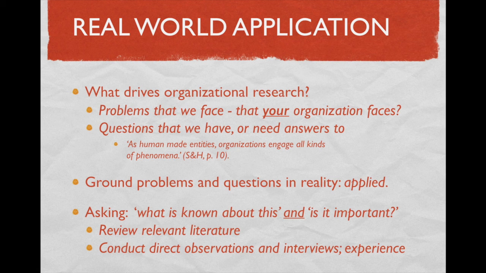We must, however, ground our problems and questions in reality. It must be applied. And we have to think of it around this particular question. What is known about this, and is it important? So, as we consider research and its application in the context of our class, we might ask, what do we know about this, and is it important?